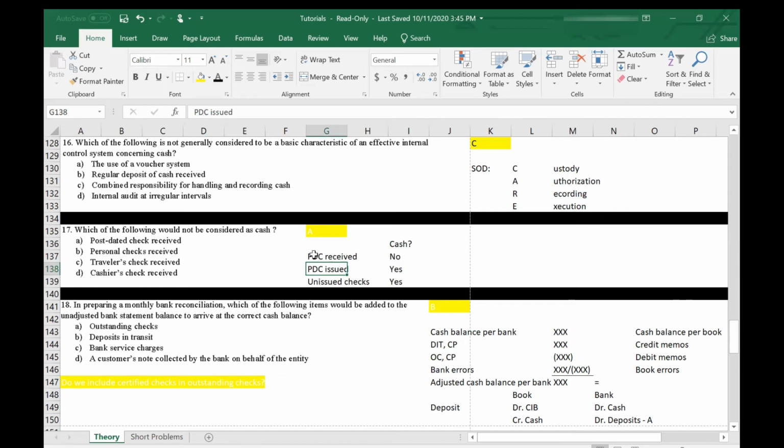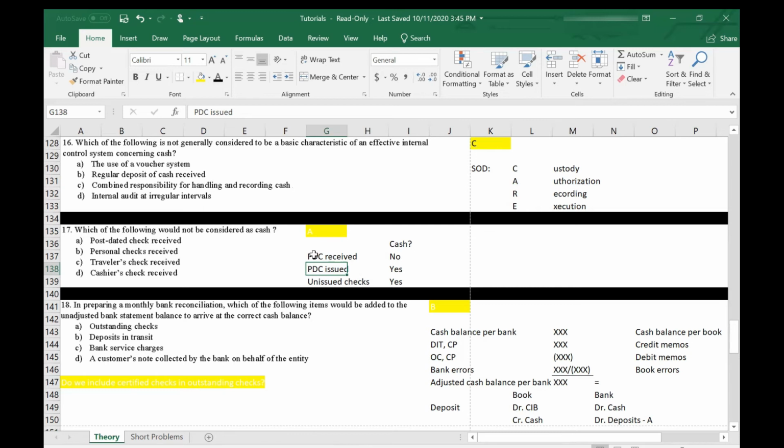Yes, because I haven't delivered or issued the check yet to, let's say, my supplier. Since I haven't delivered or issued it, he cannot encash it yet. Therefore, similar to a post-dated check issued, if he cannot encash it, it's not his cash. So if it's not his cash, it's my cash. The unissued checks are mine.